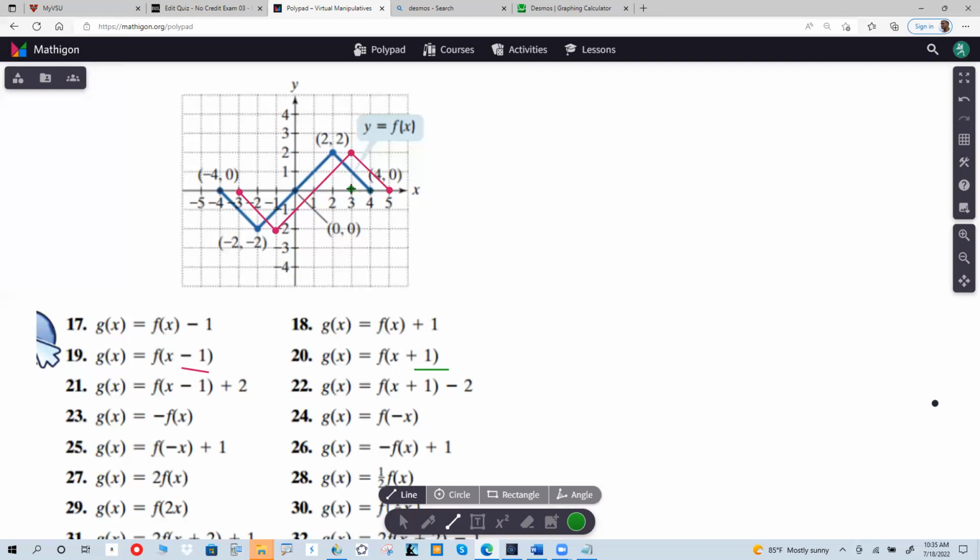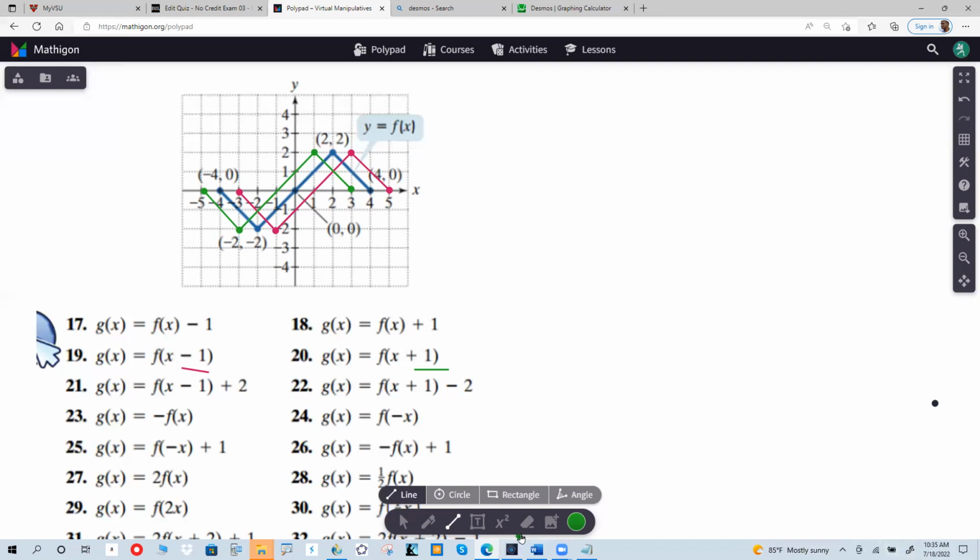This one will move 1 unit to the left. This one blue, 1 unit to the left, 1 unit to the left. That's the picture for number 20. I'm going to pause there just a little bit, guys, okay? Again, if I give you this, there will be multiple choice options.